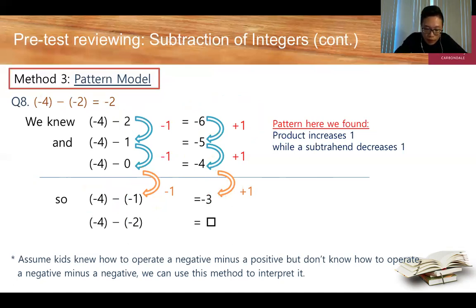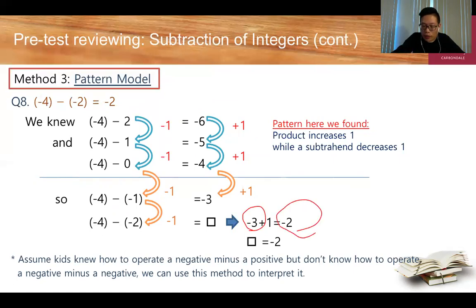The same thing for -4 minus -2. When the subtrahend decreases 1, the product will increase 1. So -3 increased by 1 is -2. That is the final product for this pattern.